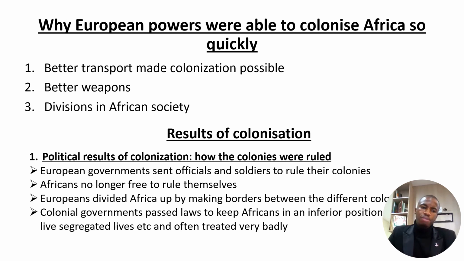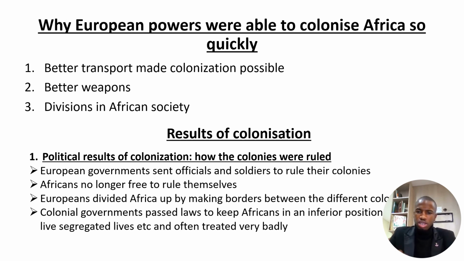The final part is that the colonial governments passed laws to keep Africans in an inferior position. This means that they passed laws that told African people that you are less than European people. Therefore, you cannot do this, you cannot do that, you cannot eat this, you cannot go there, you cannot drive this, and so forth.